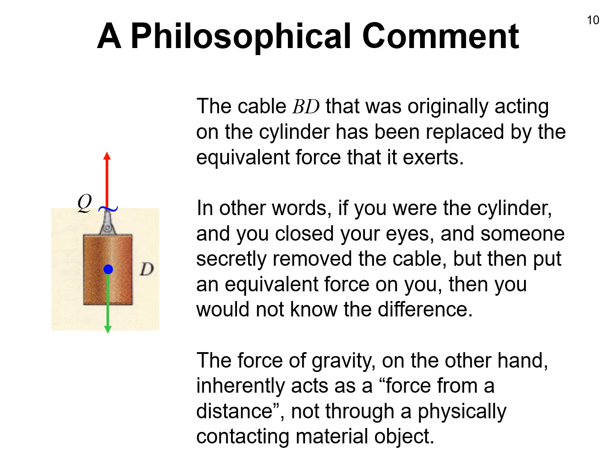So the force is meant to be an exact equivalent action as what the cable itself was doing. Now, on the other hand, the force of gravity inherently acts as a force from a distance. It's not done through the physical contact of material. It's not tied, it's not screwed in, it's not welded. So intrinsically, gravity is always expressed as an arrow coming from the outside anyway.